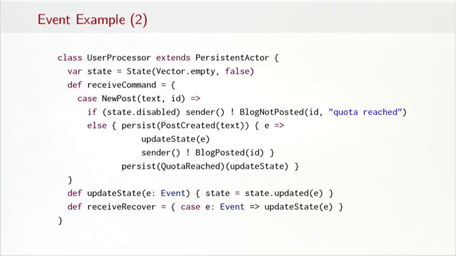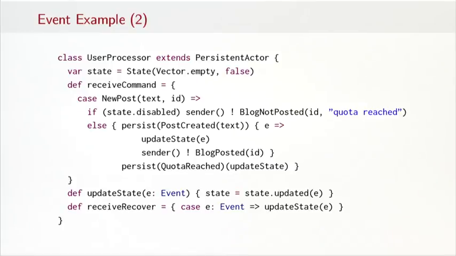In order to change the behavior of this actor to one which is preventing further blog posts, we also persist a quota reached event. This demonstrates the usefulness of this update state method, which I find myself writing typically, because this will just be expanded into a function that takes an event and applies it. So we can use the name here just like that.